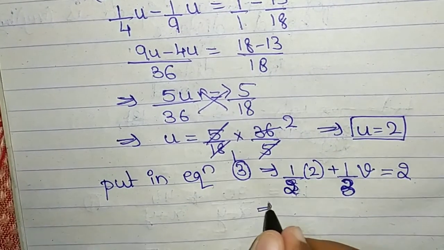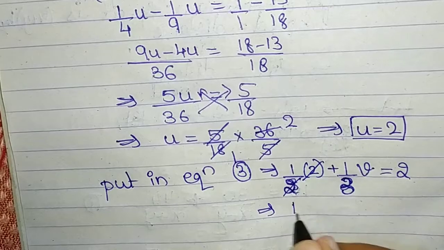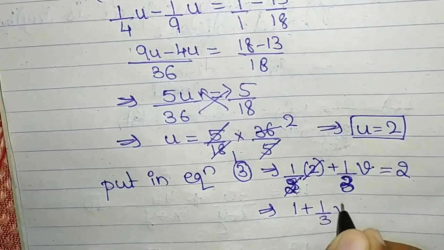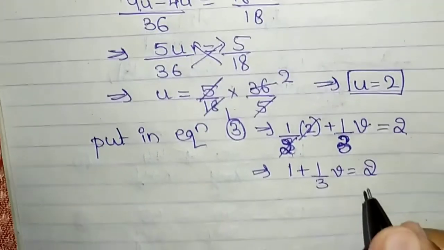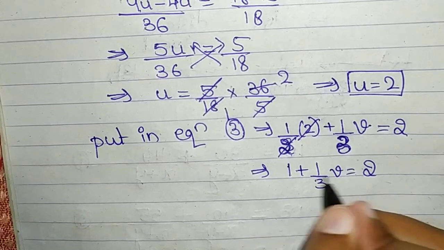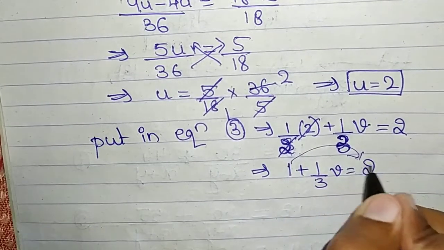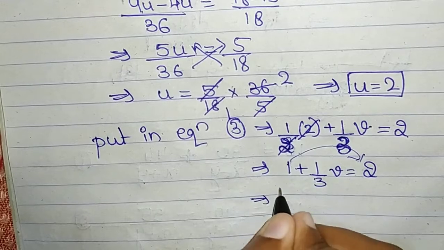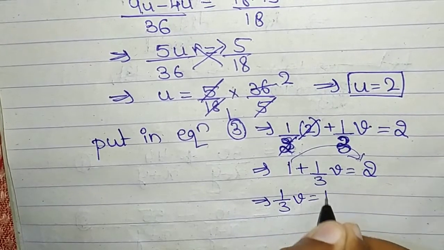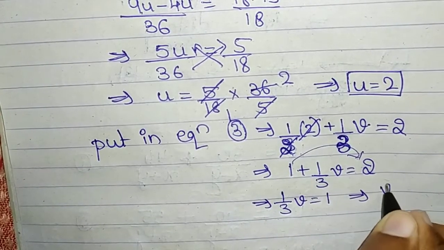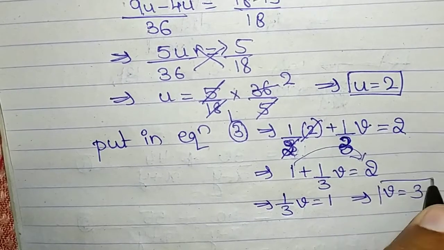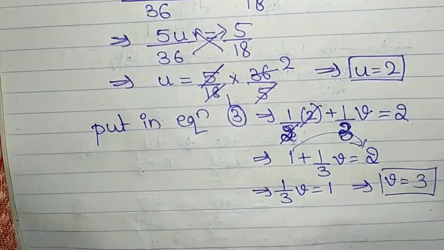So this implies 2 cancels out, 1 plus 1 by 3v is equal to 2. So here, since 1 goes there, we have, this implies 1 by 3v is equal to 1. So this implies v is equal to 3. The value of v is 3.